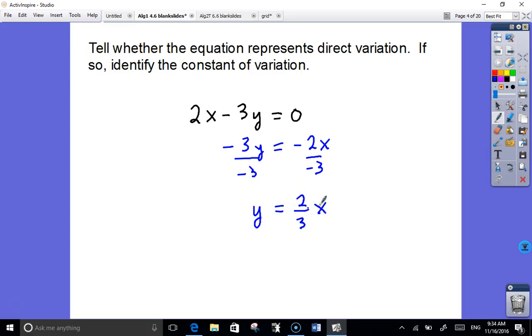Now that it's solved for y, you can answer the question. Is it a direct variation? And again, what are you looking for that would tell you it's direct variation? B equals 0. The y-intercept equals 0. So what is the y-intercept of that? 0, right? So b equals 0, so that is, yes, direct variation.